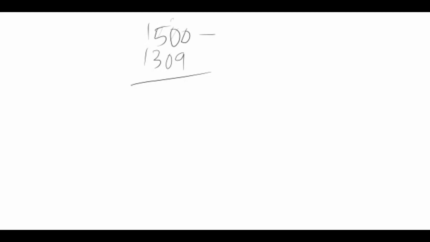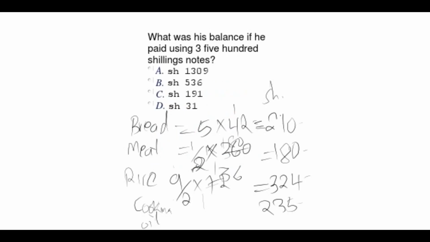We borrow from here, so this is 9, this is 10. So we have 1, we have 9, we have 4 minus 3 is 1. So the total amount of money that he was given, that is his balance, from 1,500, was 191 shillings.